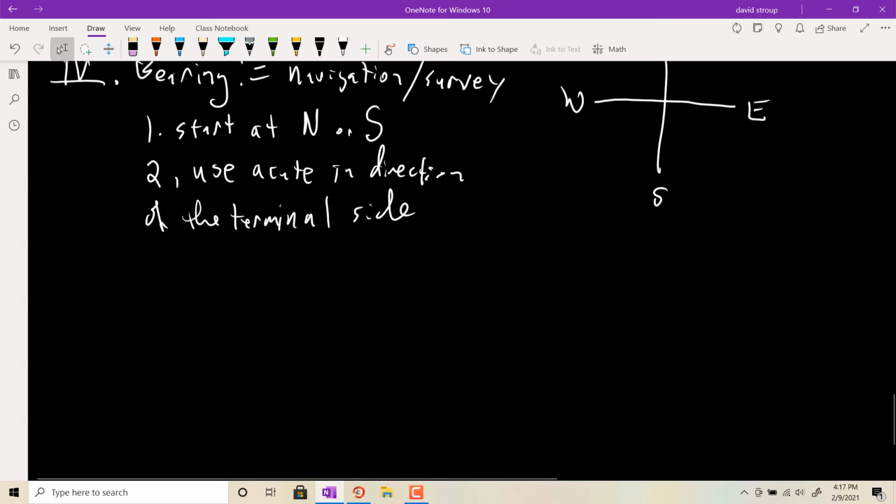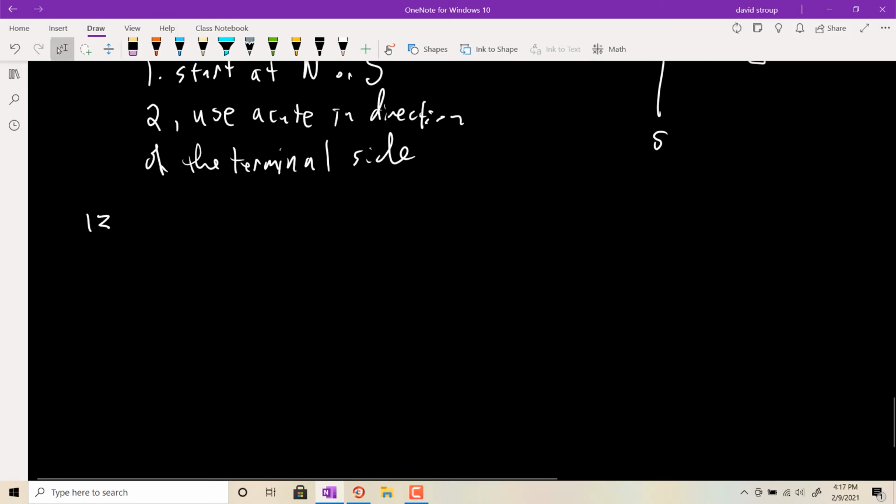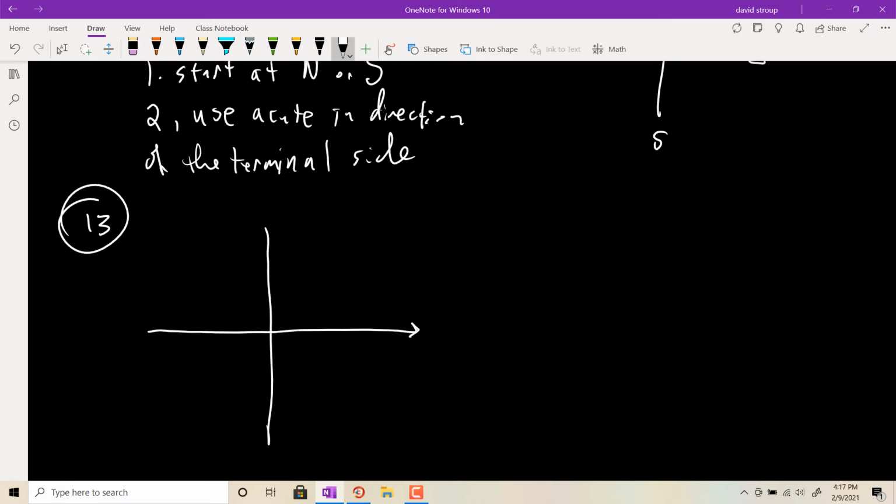Okay, so let's look at some examples. This is 13 in the book, and we set up our XY plane and sort of label the axes. This is north, south, east, west, and we want to know the bearing for going from O to A is the way the book will say it.